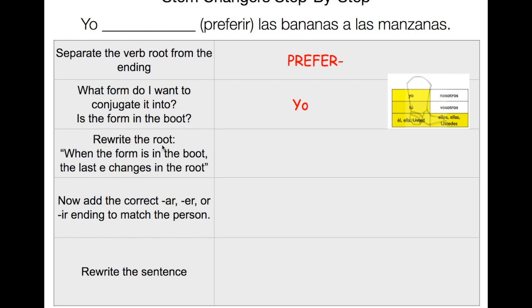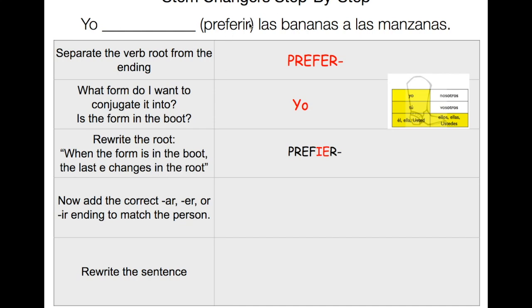Step 3, rewrite the root. When the form is in the boot, the last E changes in the root. So in this case, it does change. The last E. Yes, here's the last E. It changes to IE. And the new stem is prefier. Step 4. Now add the correct AR, ER, or IR ending to match the person.